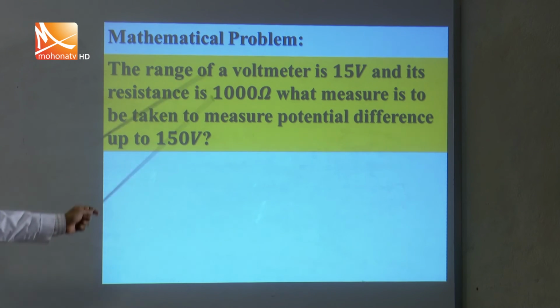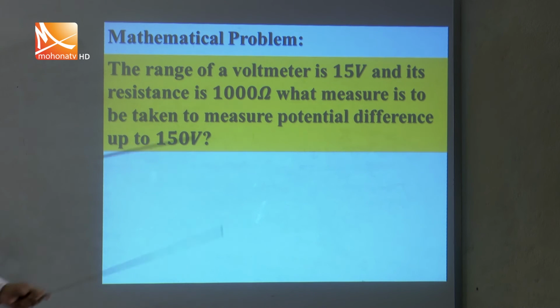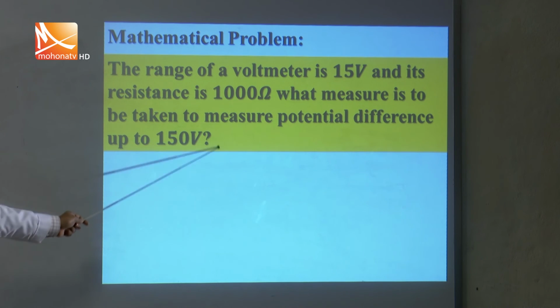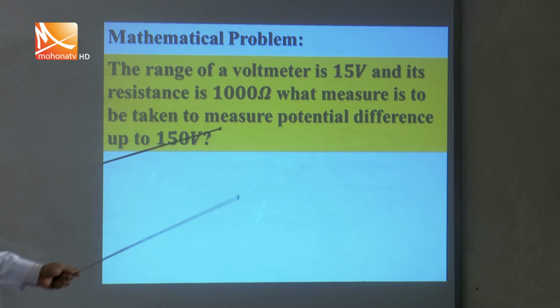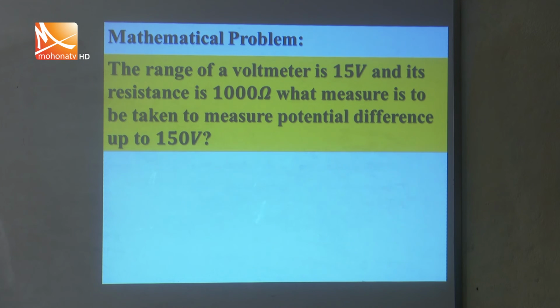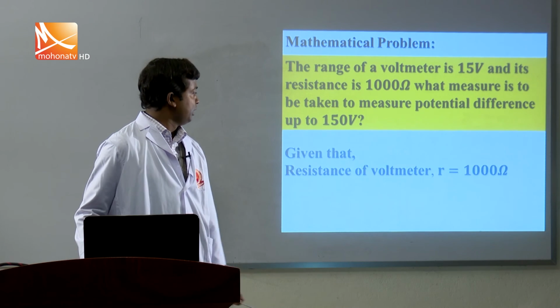This is a galvanometer having a potential difference of 15 volt and a resistance of 1000 ohm. Now you want to measure 150 volt. Then what step has to be taken? That means you have to increase the range of the galvanometer. So what is the given information here?